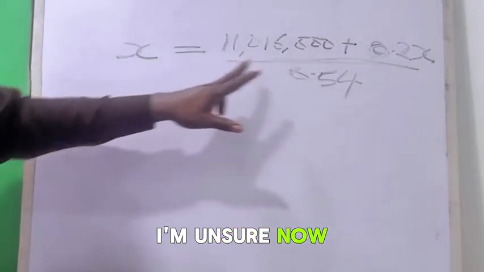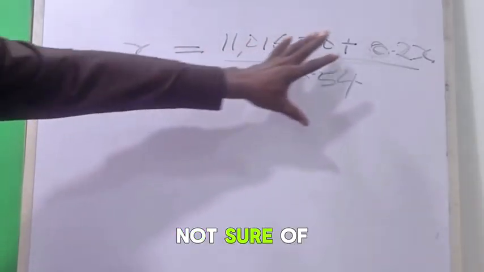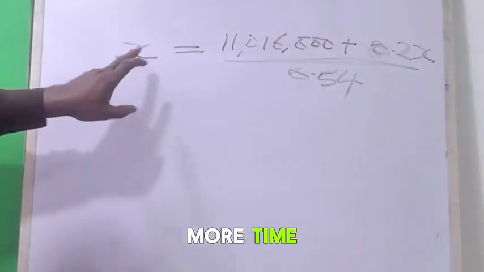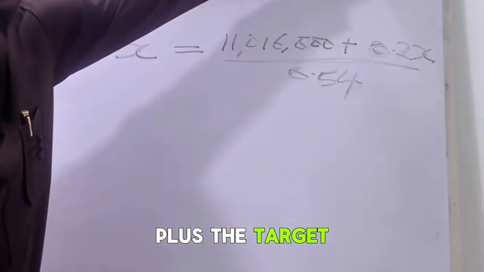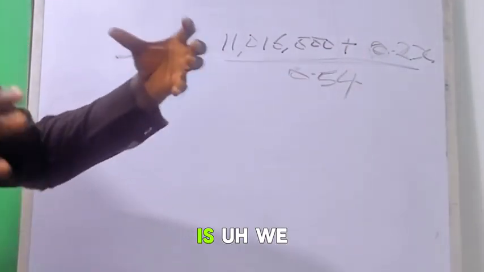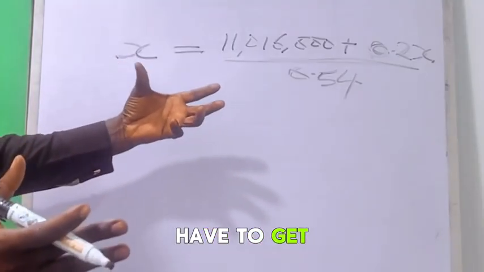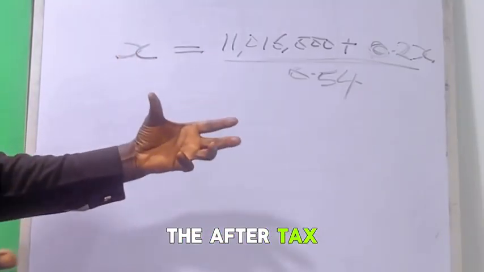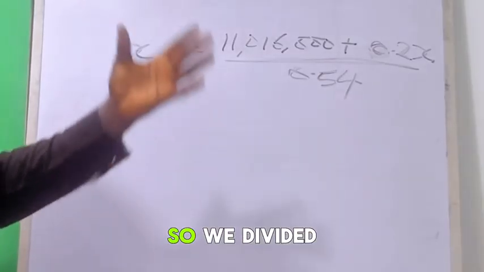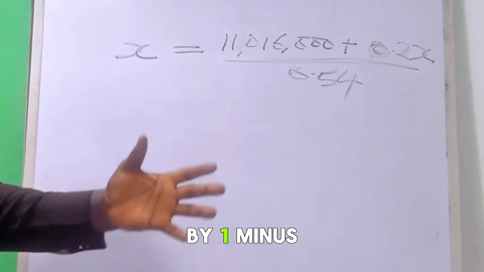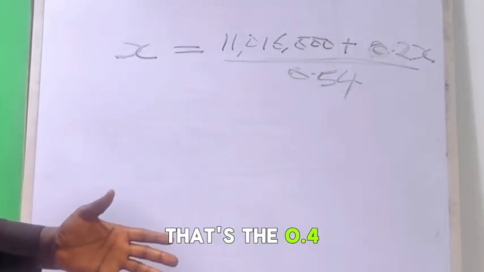Now, at this level, if you are not sure of this, let's take it one more time. We say X is equal to total fixed cost plus the target profit. We have to get the after-tax rate, so we divide by 1 minus T, that's the 0.4.